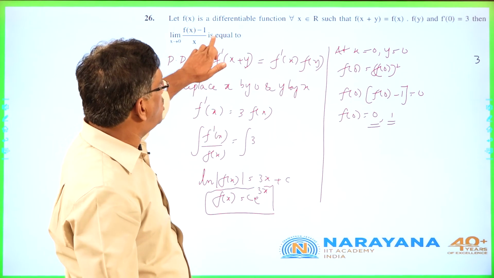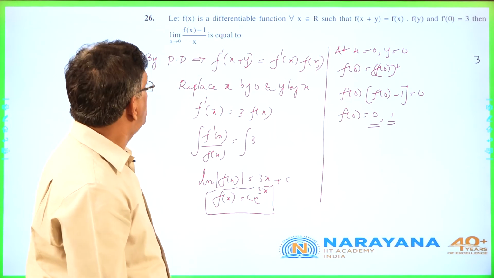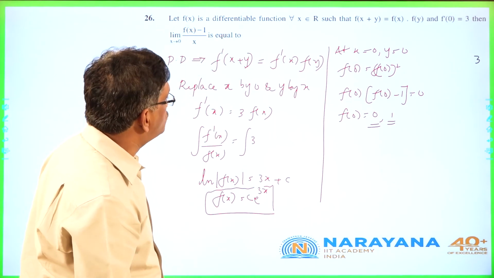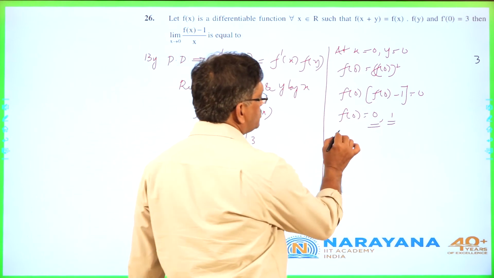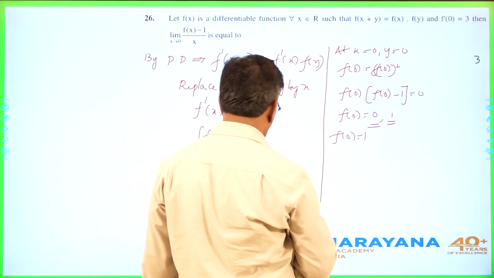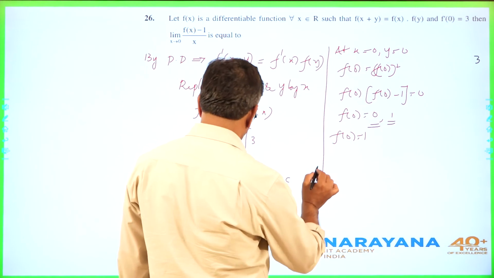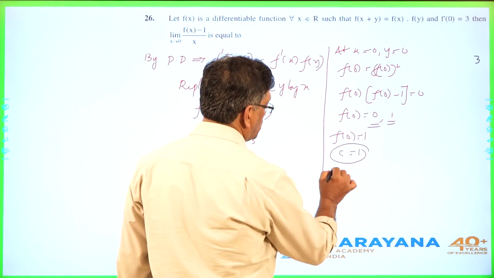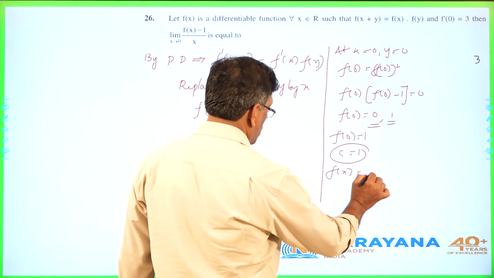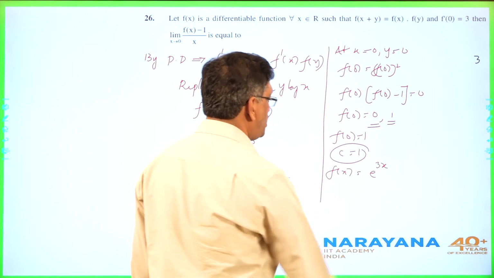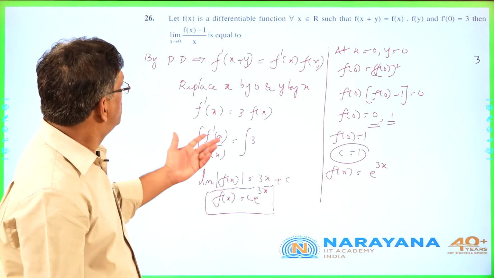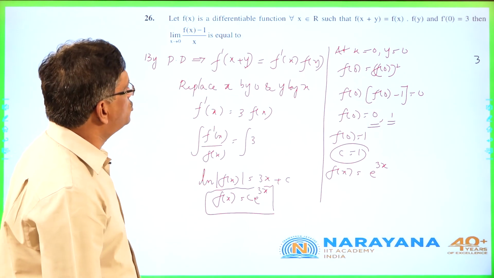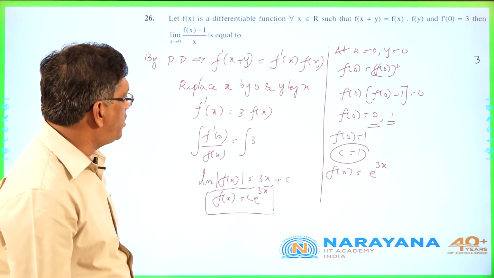If you take 0 or 1, this value, right? If it is 1, then only it is going to be indeterminate form. So f of 0 is 1. That means at x equal to 0, c equal to 1. So therefore your f of x is e power 3x. Now just substitute it, and you will get the required answer.